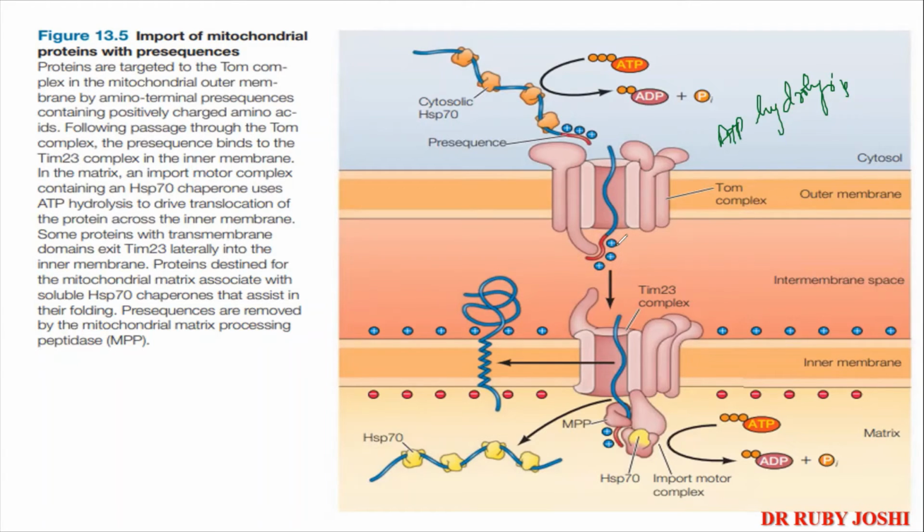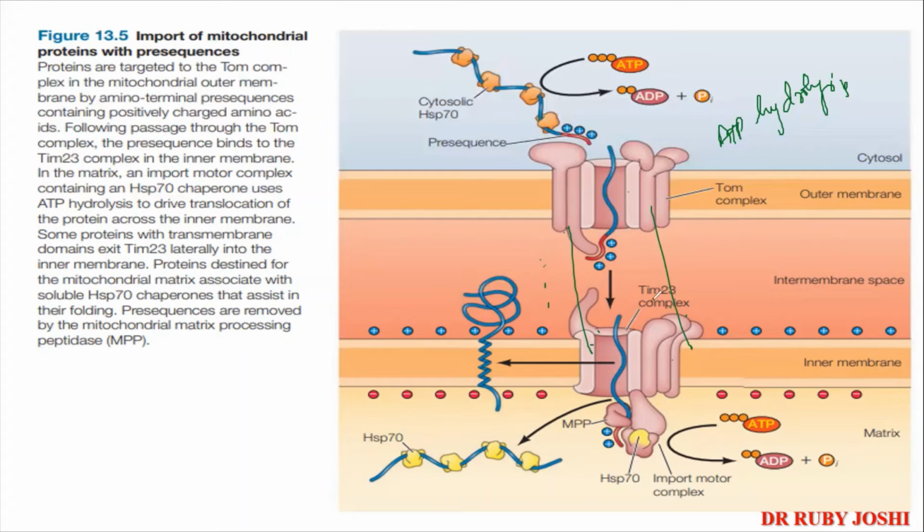Now since this protein is for your matrix, what will happen then? This TOM and the TIM, this is for the inner mitochondrial membrane, right? So they come together, and then it enters. So the polypeptide chain does not have to pass through the intermembrane space; they connect like this, and finally a continuous hollow forms and it can enter.